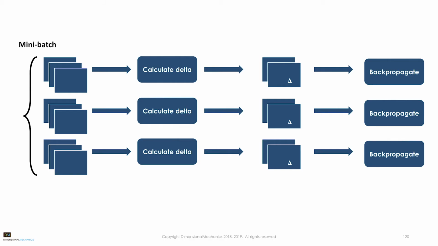And the last one, mini batch, is very similar to batch, but it's basically breaking the data up into small groups, calculating the delta and going back. This is what you typically do, and it's the best training method. When you set the batch size, you're grouping the values together, and it'll calculate the deltas and then do the back propagation.